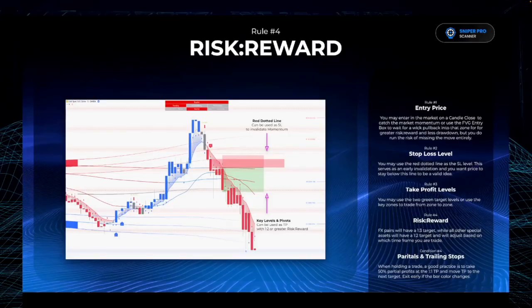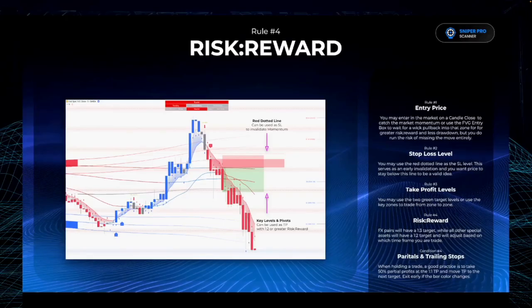If you are trading on the 5 minute to the 15 minute, you will have a larger stop loss. If you're trading on the 1 hour, your stop loss will be bigger. If you're trading on the 4 hour, your stop loss will be even bigger, because we are now trading based on the time frame. The bigger the time frame, the bigger the move, so you have bigger stop loss levels and bigger take profit levels.